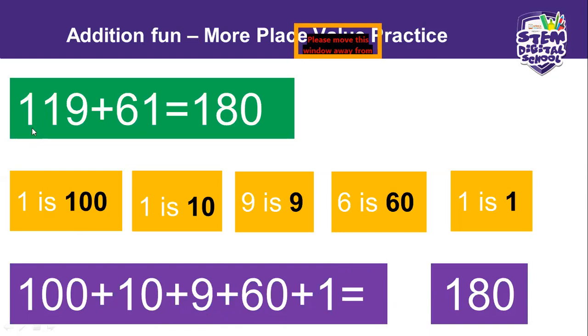You understand that if you've got 1 in this 119, the first one, that it is not a 1, but it is a 100. So when you read this number, you will not be correct by saying it is 119. No, it is 119. Well done.